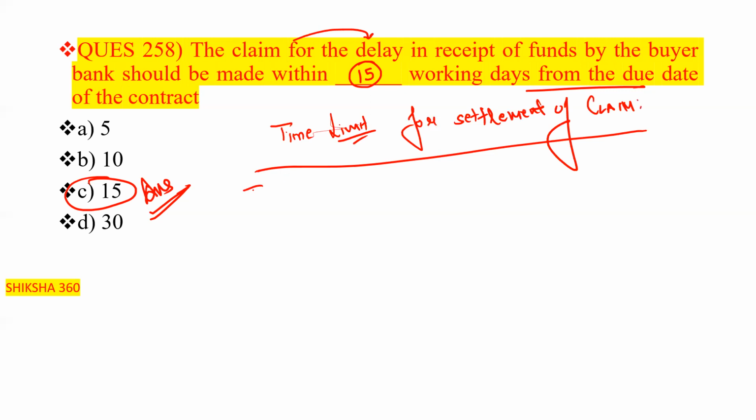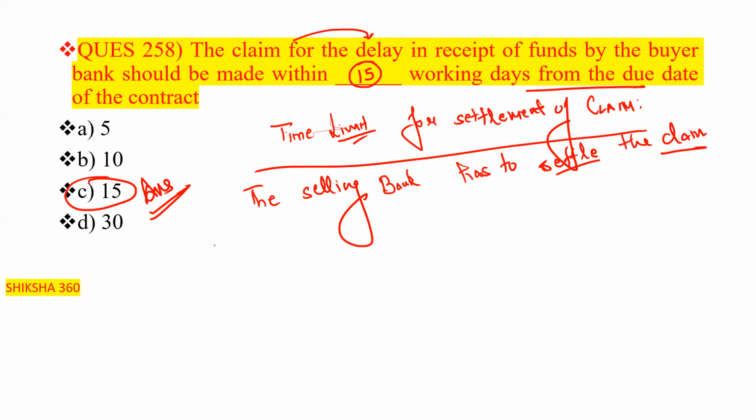In this case, the selling bank has to settle the claim within 15 days from the date of shift of claim.